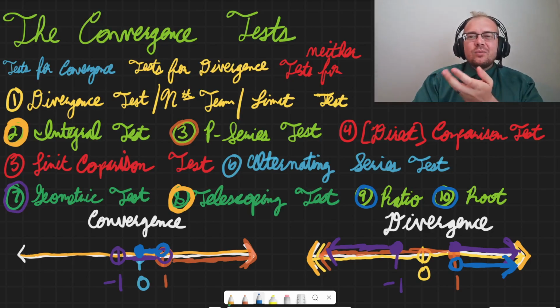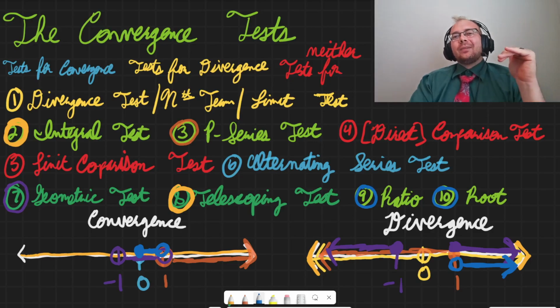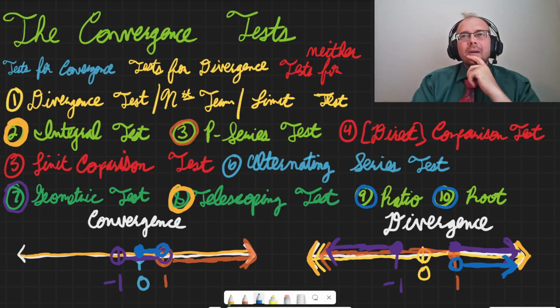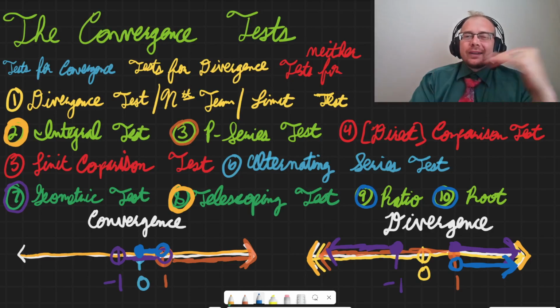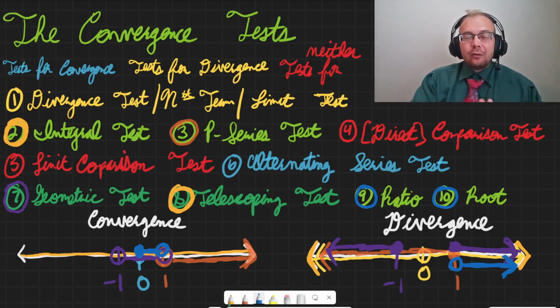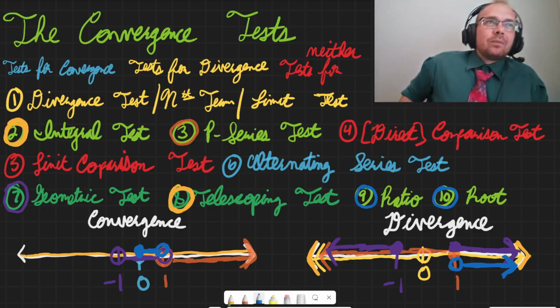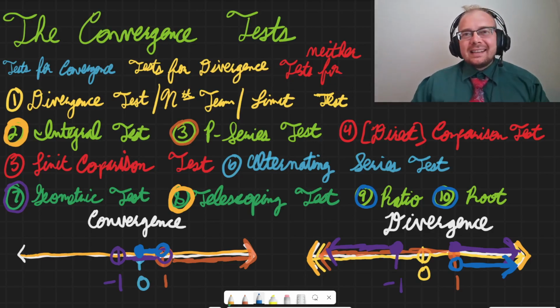But you won't always 100% of the time know at the onset that this test will work and tell you convergence or divergence. Over time, you can get better at that, and you can increase that percentage to close to 100%. Most of the time, I'm able to figure out whether it converges or diverges right off the bat. But that's because I created my own test called the K-series test, which works on like 99% of everything.